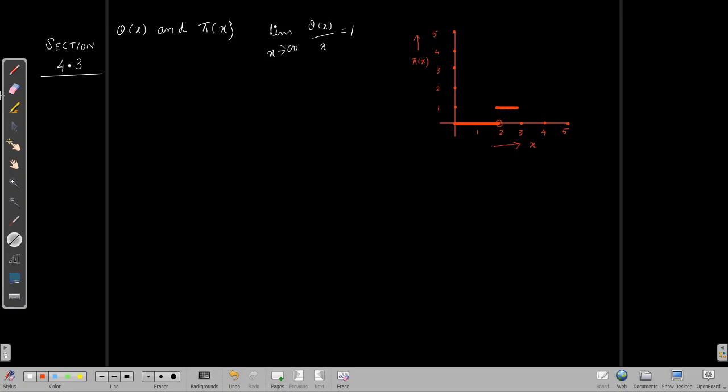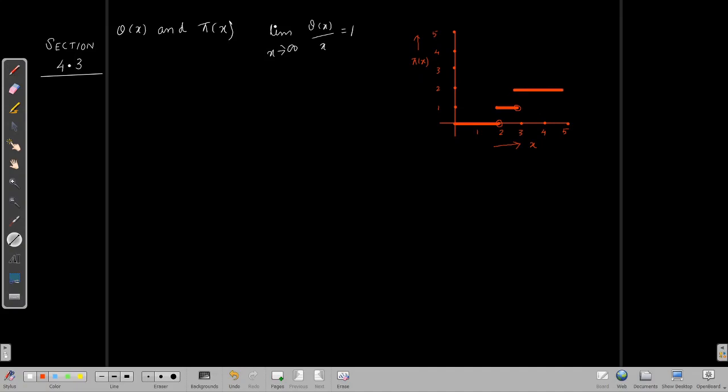The value at 3 is nothing but 2, because at the prime number 3 we can get 2 primes, 2 and 3. From 3 onwards up to 5 we have the value 2.